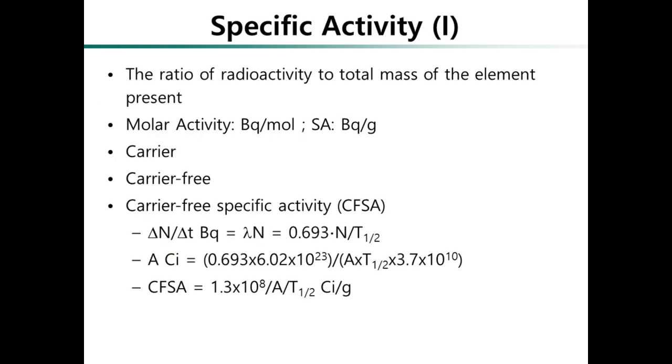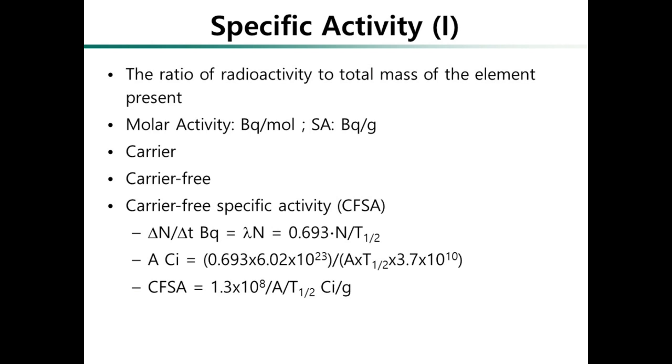And also one more thing, you have to understand what the specific activity is. Because the radioactivity decays over the time course, we just say that the specific activity means the ratio of the radioactivity to the total mass of the element.